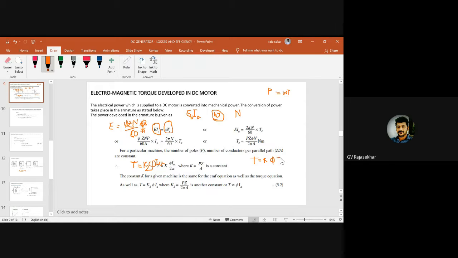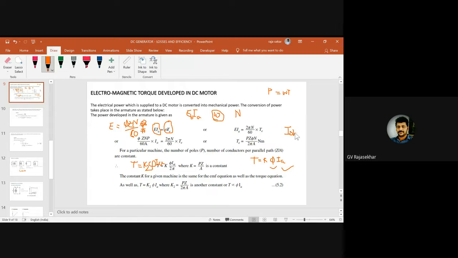That means the torque developed in a machine depends upon two quantities. One is the flux and another is the amount of current that is being given to the motor. The current supplied to the motor, that is Ia, drawn from the supply, and the phi which is developed because of the Ish.